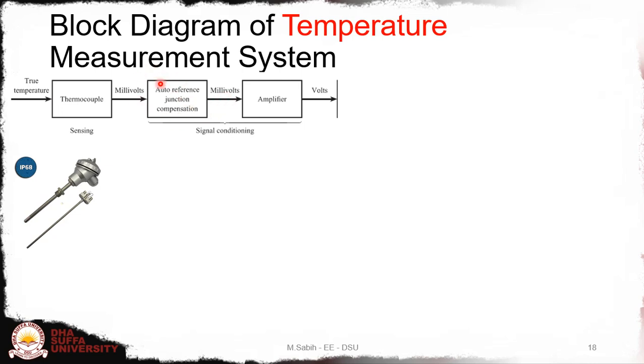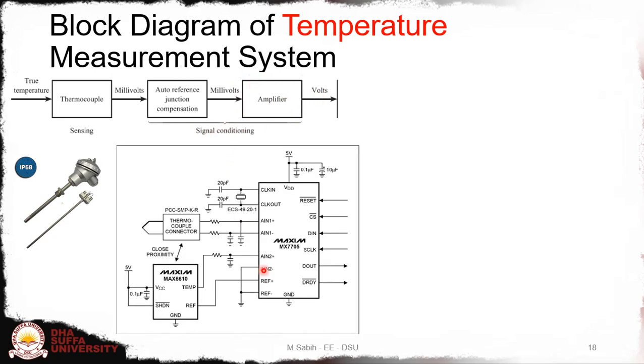So this is like a correction circuit, and then this correct value is now amplified, and the millivolts will be converted to volts. This is the signal conditioning part. Here is an example of a chip from Maxim, which is a thermocouple compensation circuit, and the thermocouple is connected here.